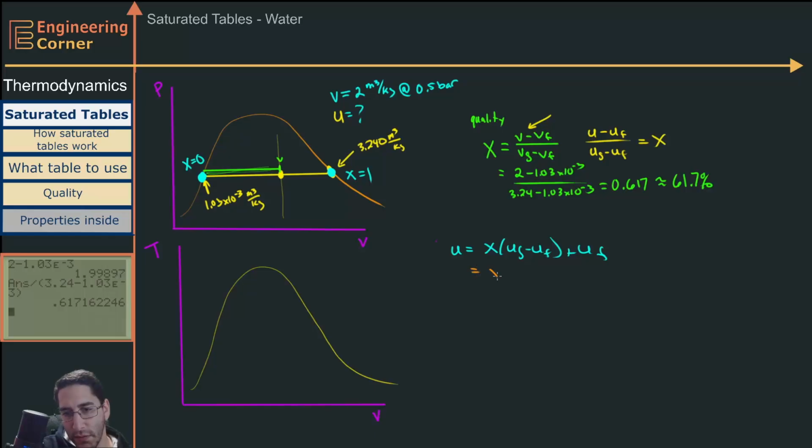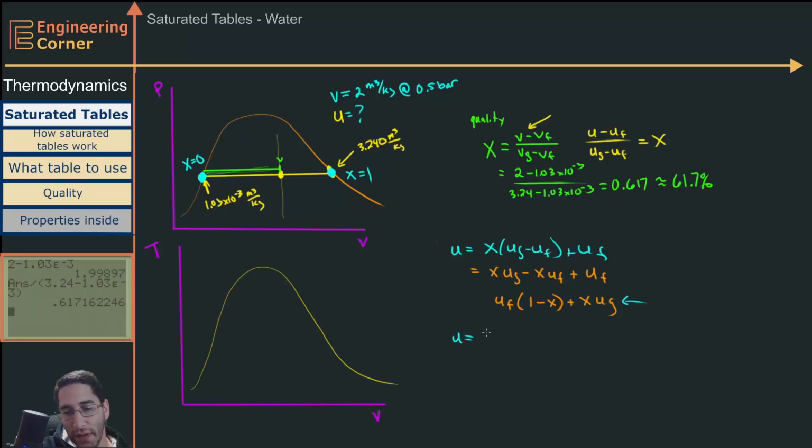We could say this is equal to X UG minus X UF plus UF. And if we group this, we'll have UF times 1 minus X plus X UG. This is just sort of the equation that I remember. So I usually use this one.